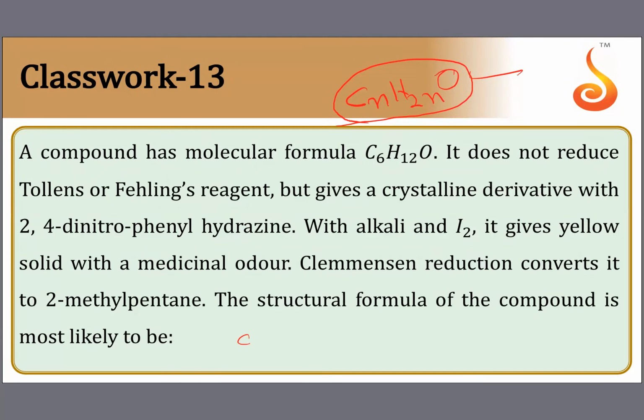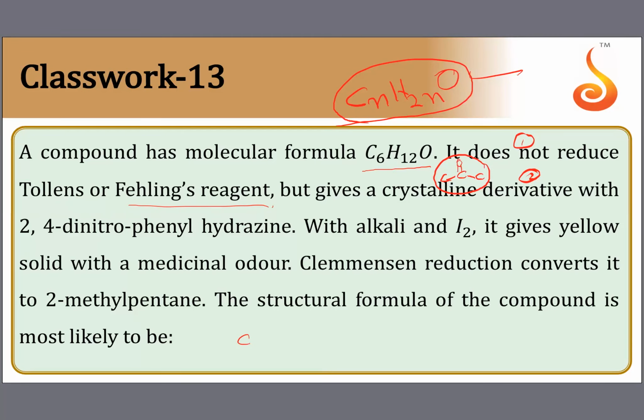Now, C6H12O does not reduce Tollens reagent or Fehling's reagent. So what is the meaning? It has a keto group; it is nothing but a ketone. This is hint number 1. Second hint, it gives a crystalline derivative with 2,4-dinitrophenylhydrazine. The second hint indicates it is a carbonyl compound. Carbonyl compounds can react with 2,4-DNP to give a crystalline derivative.